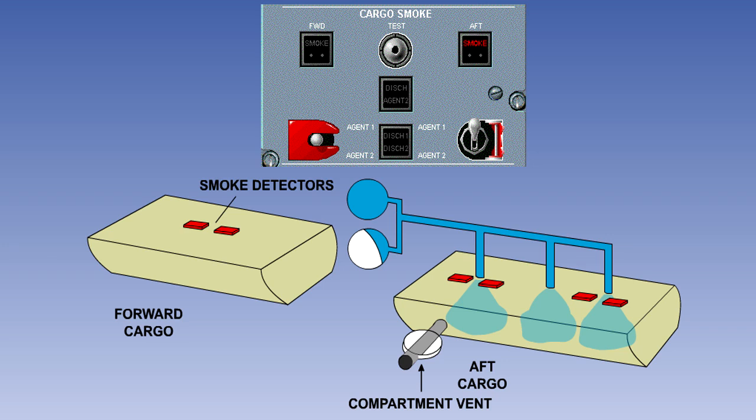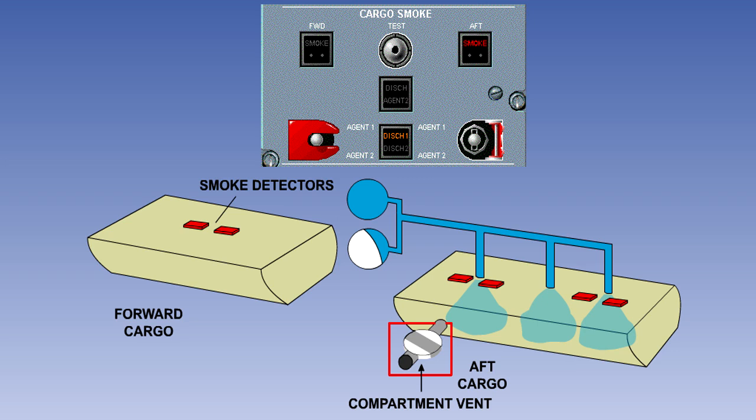In the particular system shown here, there are 2 cargo fire bottles. The pilot will raise the guard and operate the discharge switch to discharge cargo fire bottle 1 into the compartment. Operating this switch will also close off all ventilation into the compartment.